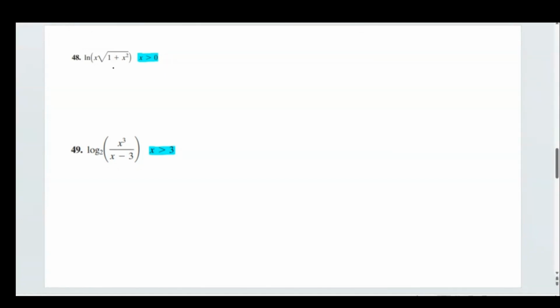So what we're going to do is just apply the properties of logarithms. As I have a product, I can rewrite this as a sum of logarithms. So I can say that ln of x times the square root of 1 plus x squared is equal to ln of x plus the ln of the square root of 1 plus x squared. Now, every time that you find a radical, you must rewrite this radical as a rational exponent.